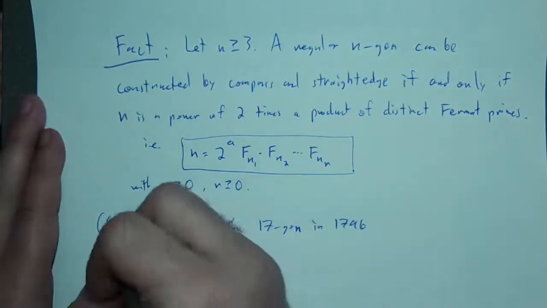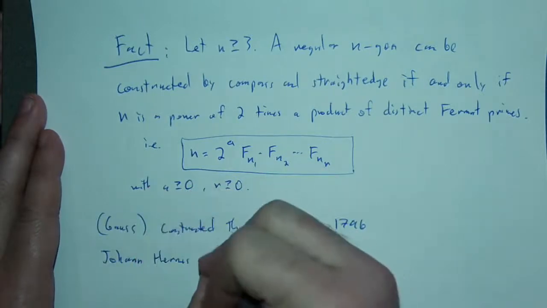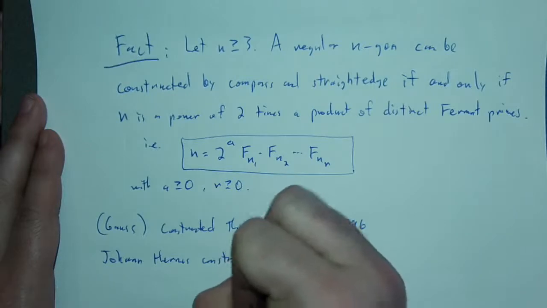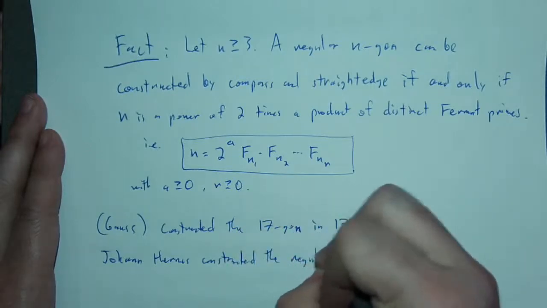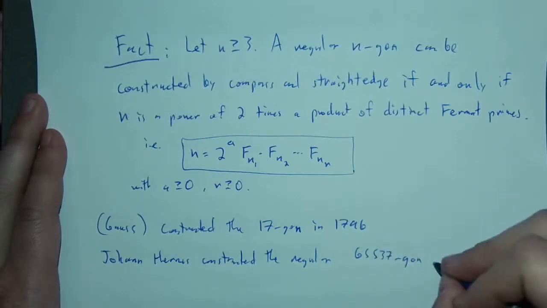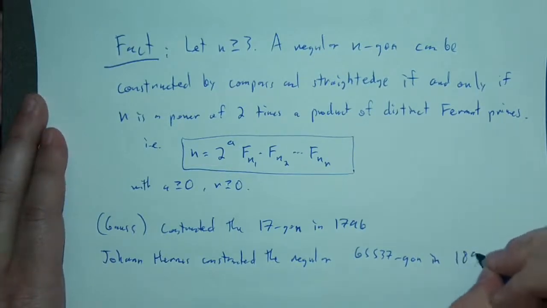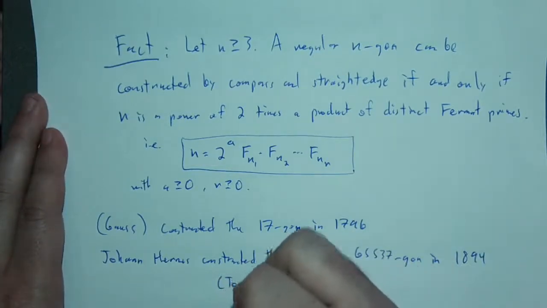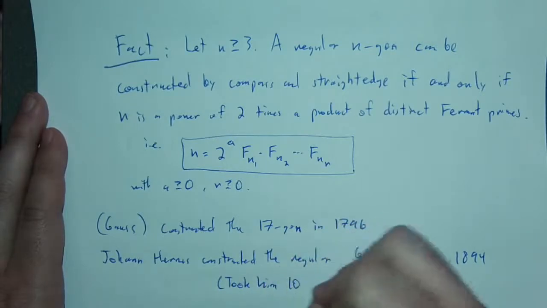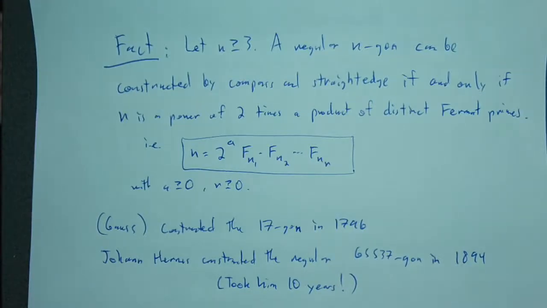Actually, Johann Hermes constructed the regular 65,537-gon in 1894. Took 10 years. So that construction is actually sitting in a desk, I believe, or in a box somewhere in Germany.